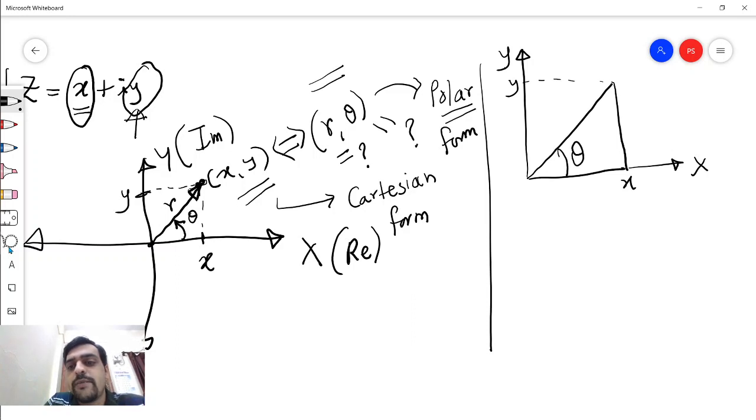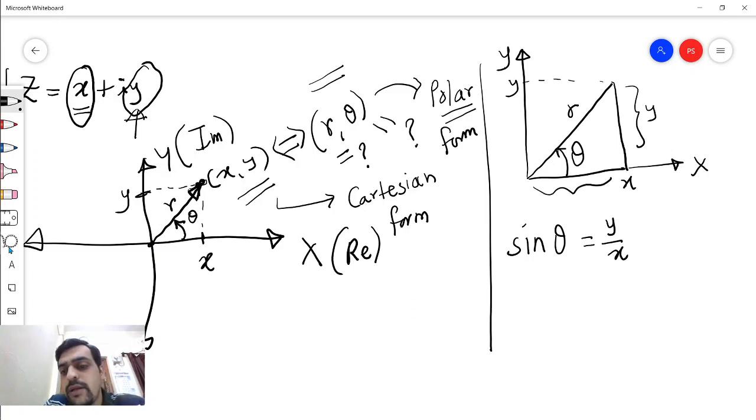If this is theta and this is r, from geometry we know that sine theta is, sorry, let me correct my mistake.